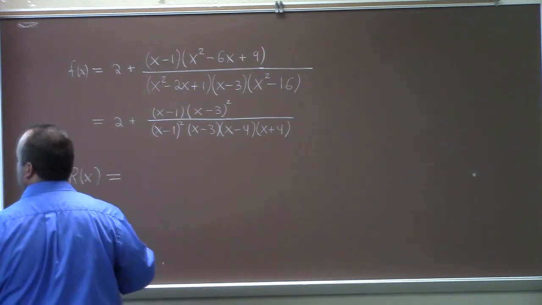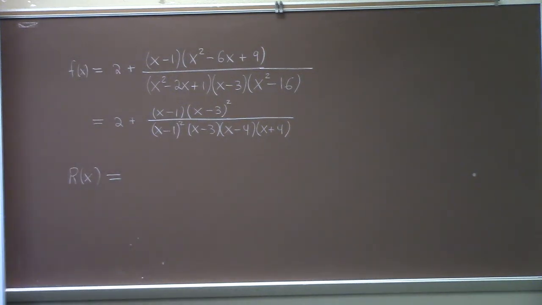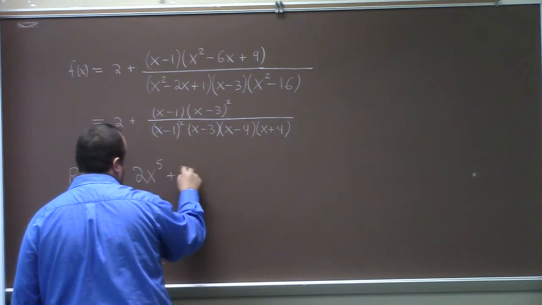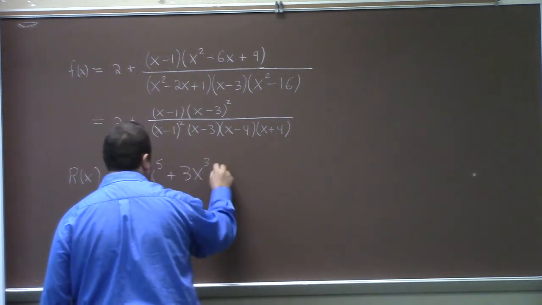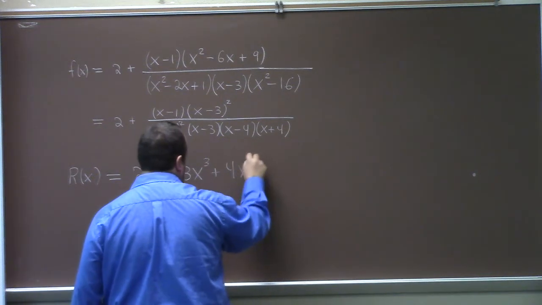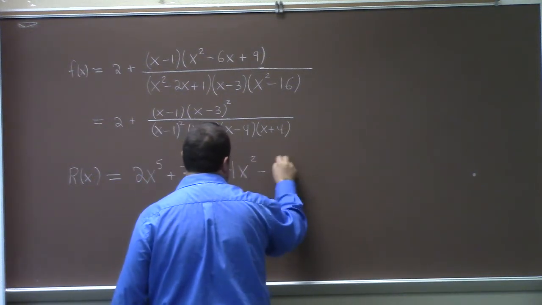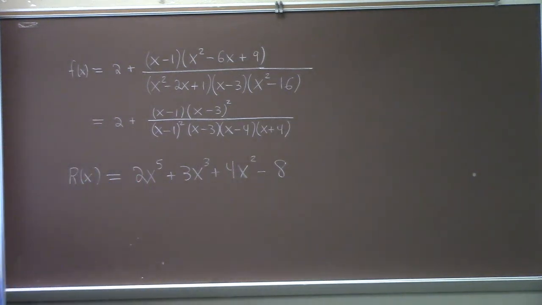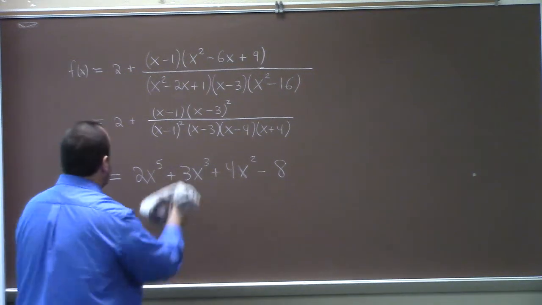It's 2x to, uh-huh. And what are we supposed to do? We're supposed to use the rational roots theorem, aka rational zeros theorem, and list all the possible rational zeros for r of x.